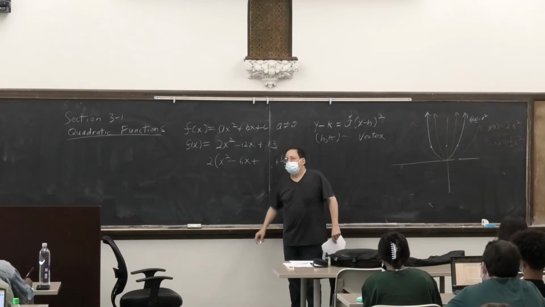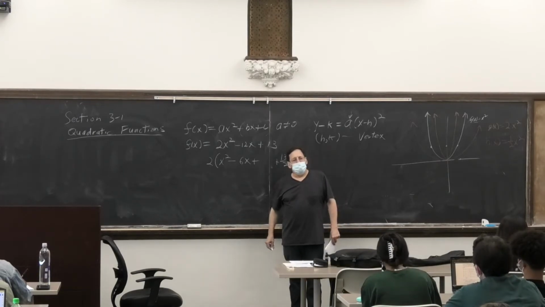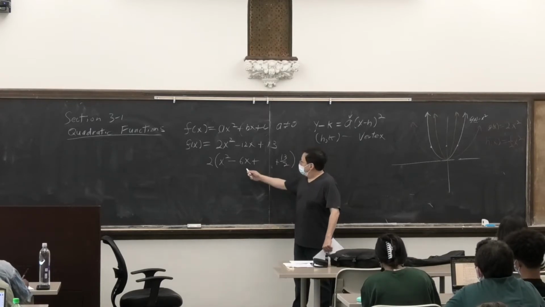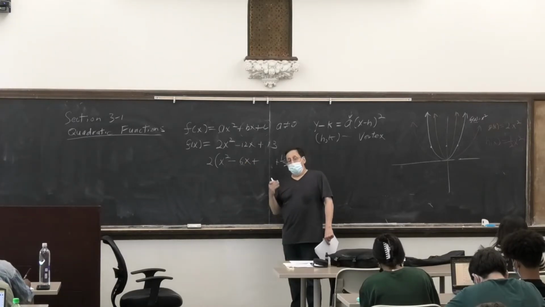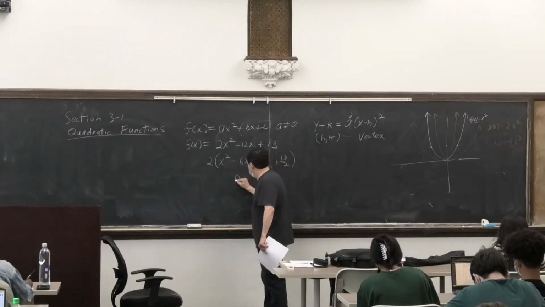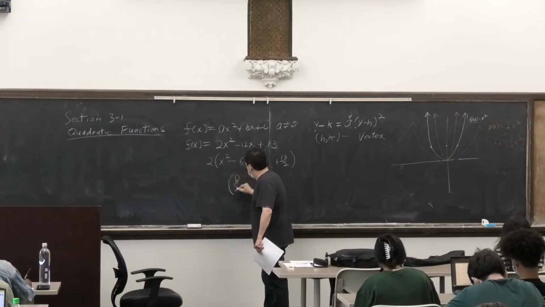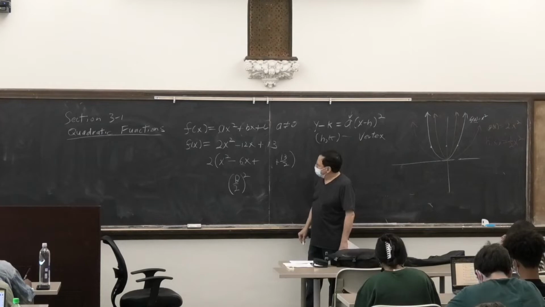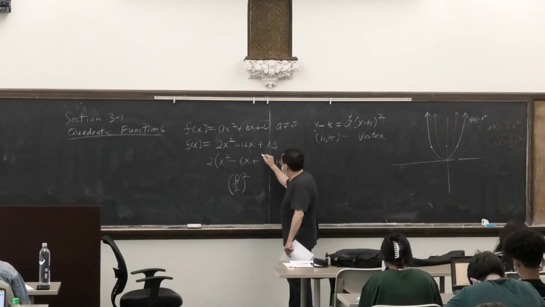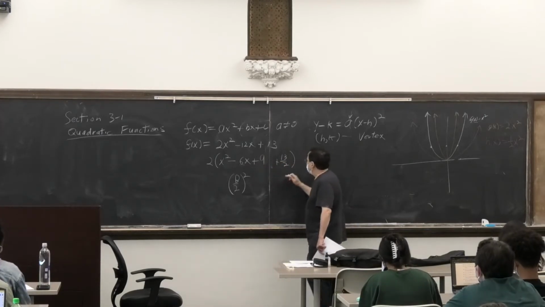It's 9. Okay? So everyone see how we get that. If you don't see how we get it, recall you take the b, which in this case is 6, you divide it by 2, square it. So that's 9. But we can't just arbitrarily add 9.